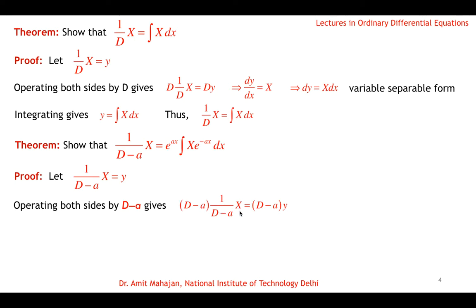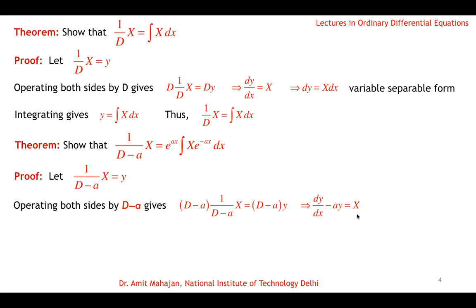So X equals (D minus a) y, that means (D minus a) y equals X, and D is d/dx, so it becomes a linear differential equation of first order, first degree, so it's Leibniz's differential equation, and we know how to solve it.